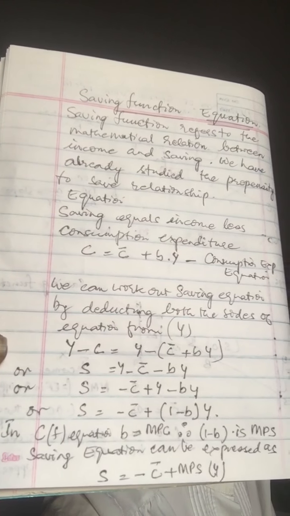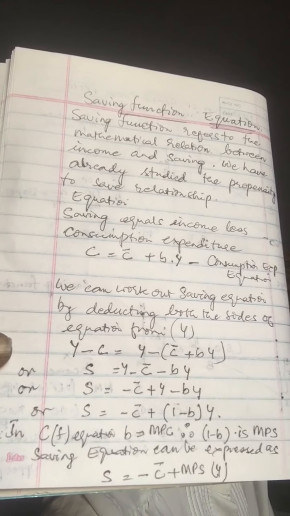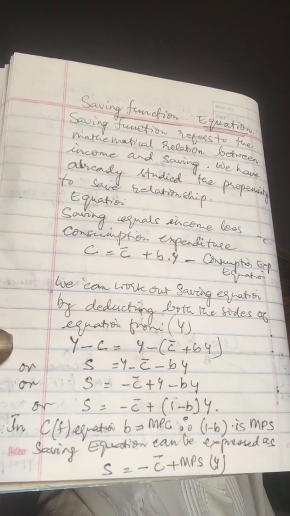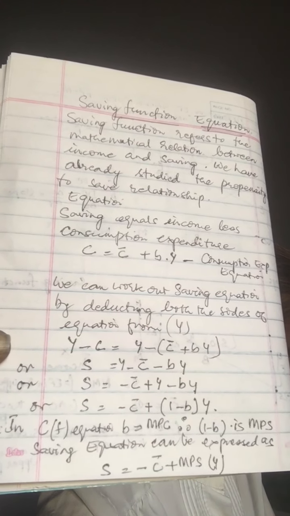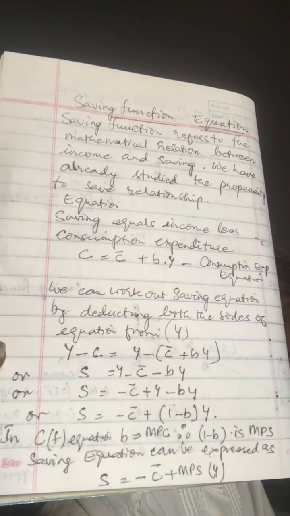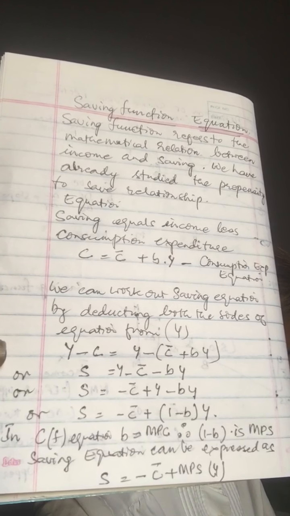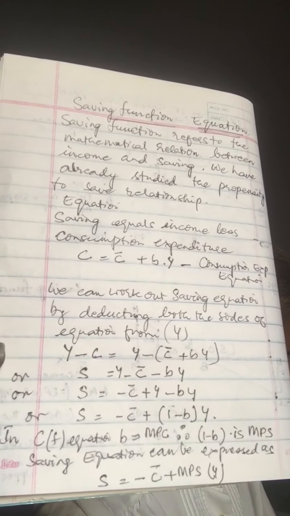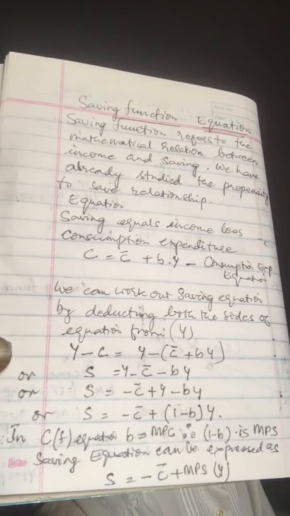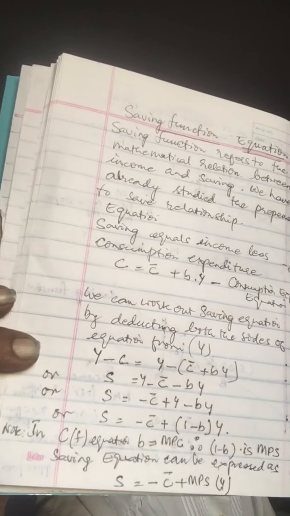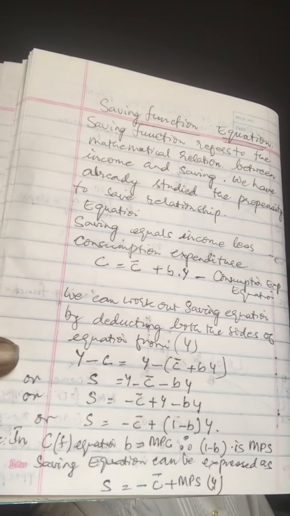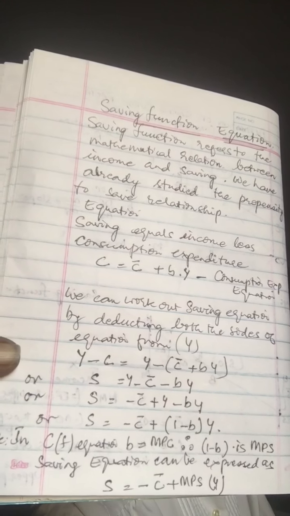Or S is equal to minus C dash plus Y minus B into Y, and that's how you get the saving function, that is S is equal to minus C dash plus (1 minus B) into Y. In the consumption expenditure equation, B is equal to MPC, B is equal to change in C upon change in Y. Therefore, 1 minus B in the saving equation is the marginal propensity to save, which means change in S upon change in Y. So we can express the saving equation as S is equal to minus C dash plus MPS into Y.